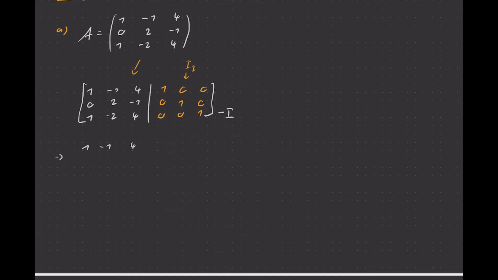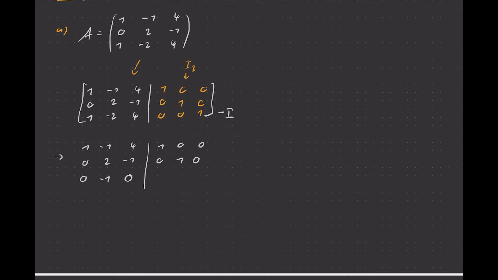Let's just copy the first row. Also here on the right-hand side, of course. We don't touch the second row, so we can copy that one as well. And for the third row, we get 1 minus 1 here. We get minus 2 plus 1, that's a minus 1 here. And we get 4 minus 4, that's a 0.